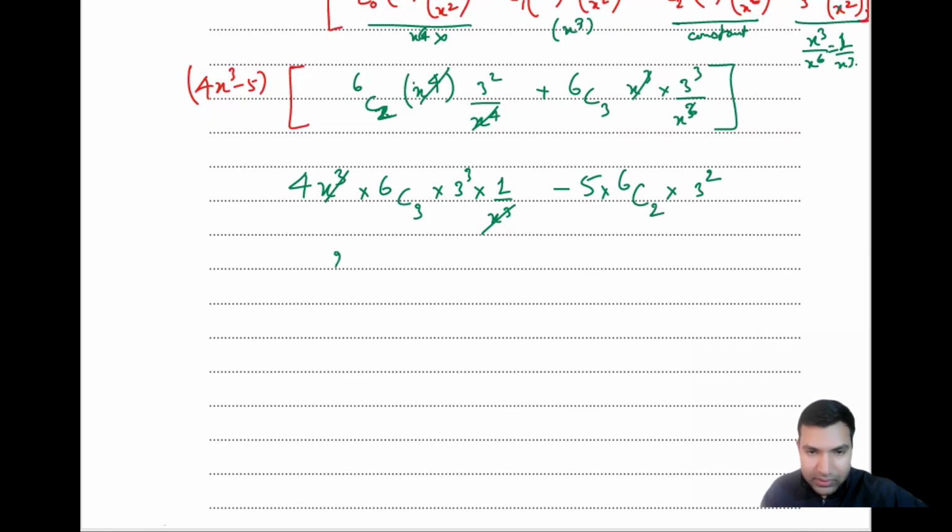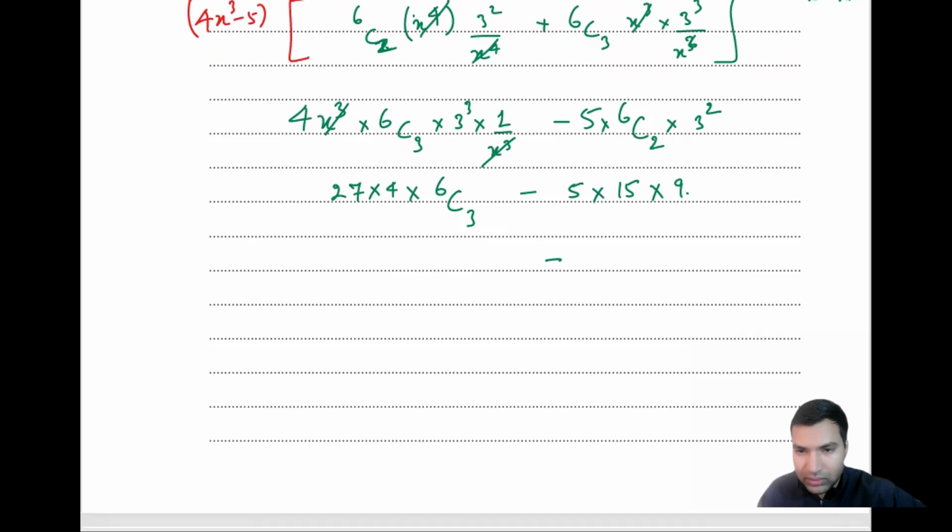3 cube is 27 times 4 times 6c3, minus 5 times 6c2. We already know it's 15, and this is 9. So this was 135 times 5, and I need to compute this quickly. So that turns out to be 6c3.